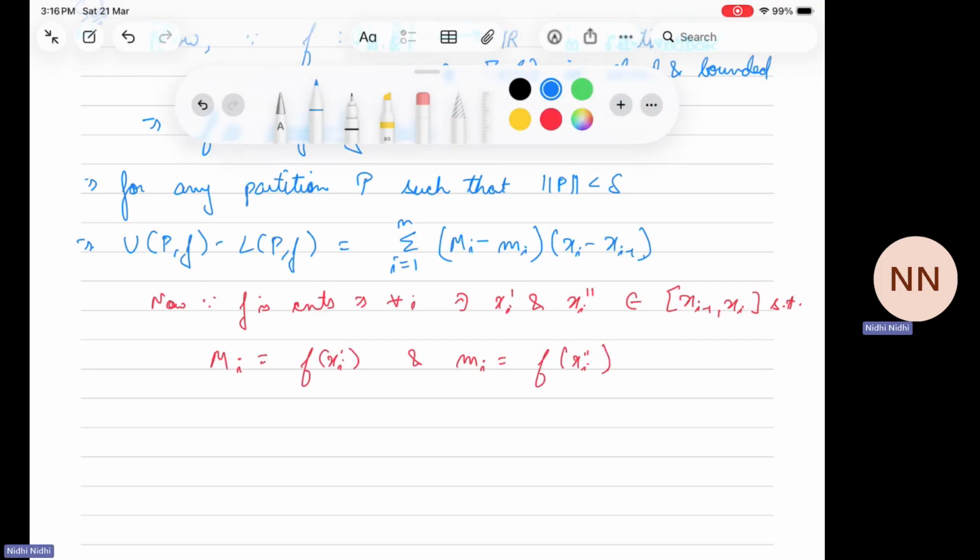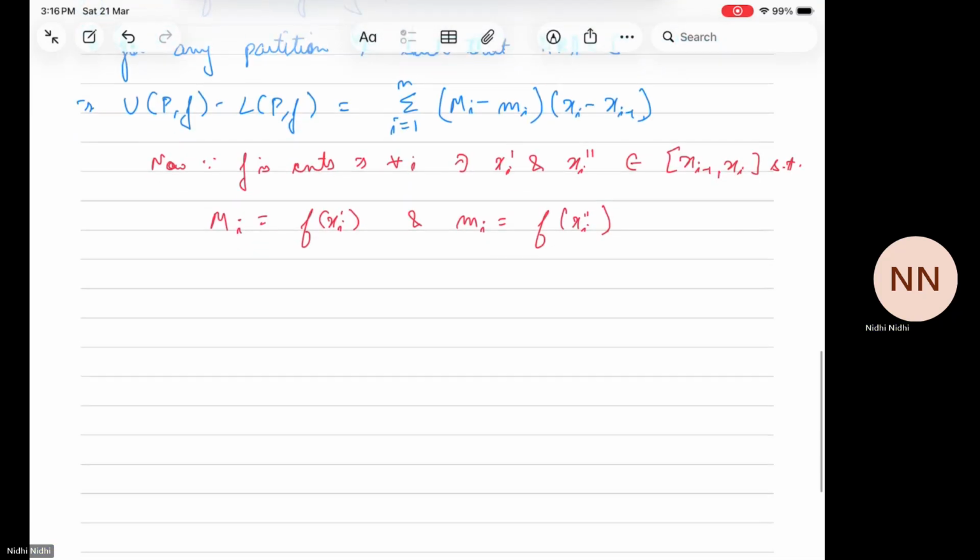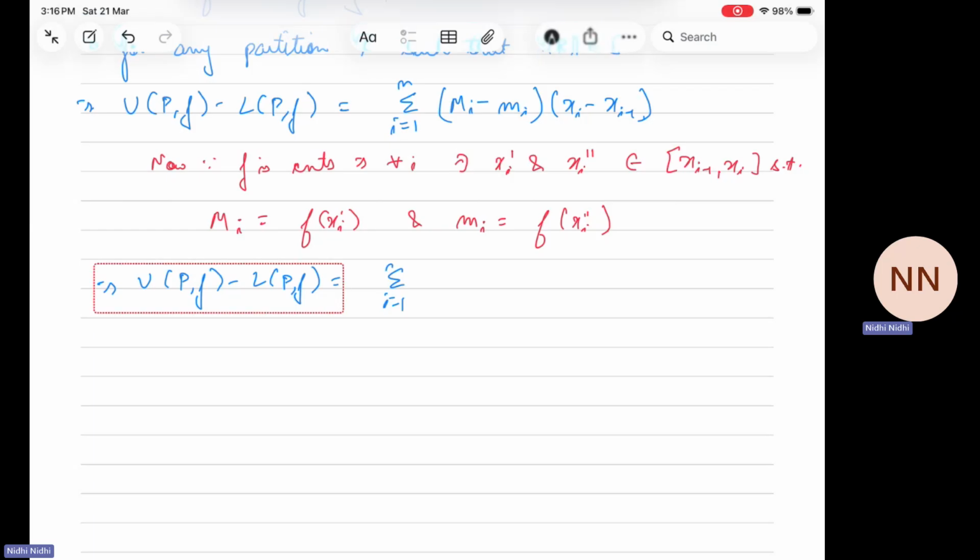So this gives us UPF minus LPF equal to summation i from 1 to n, f(xi prime) minus f(xi double prime), times xi minus xi minus 1.